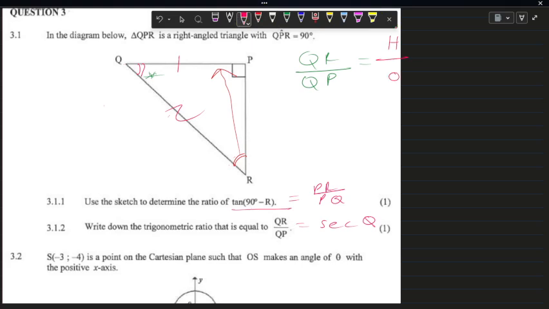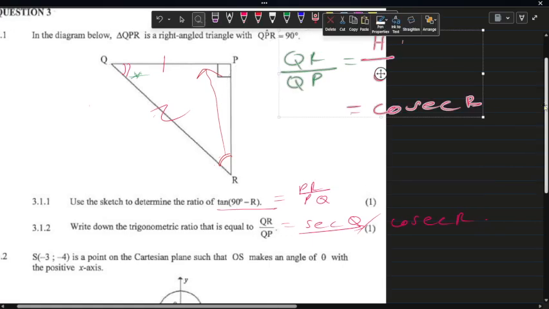So we have hypotenuse over opposite, which is the cosec ratio, because opposite over hypotenuse is sine, and hypotenuse over opposite gives the reciprocal of sine, which is cosec. So your answer could have been sec of angle Q, or alternatively cosec of angle R.